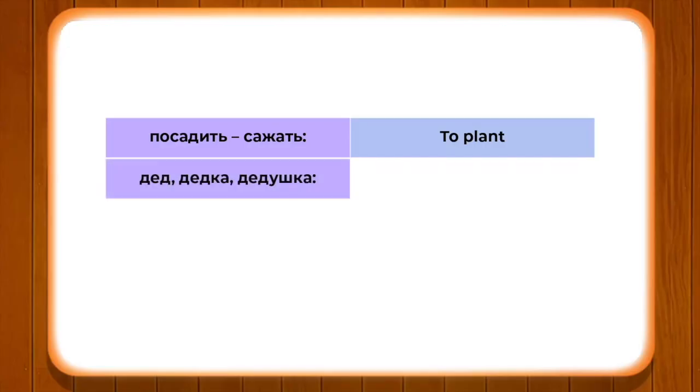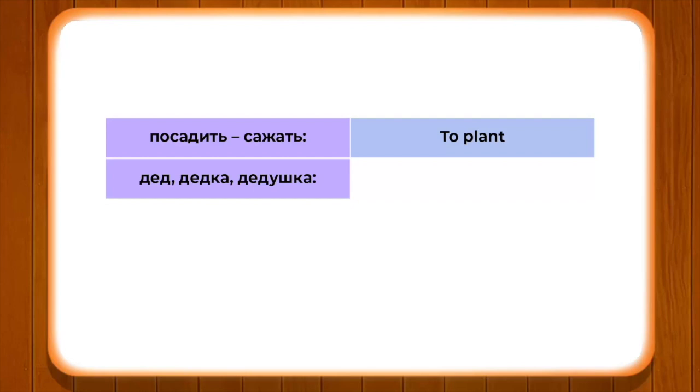Let's begin with some vocabulary first. The first word in the vocabulary is pasajich and sajach. Both verbs mean to plant. In Hindi, bona, जैसे बीज बोना. Next word we have jiet, jietka, jedushka.